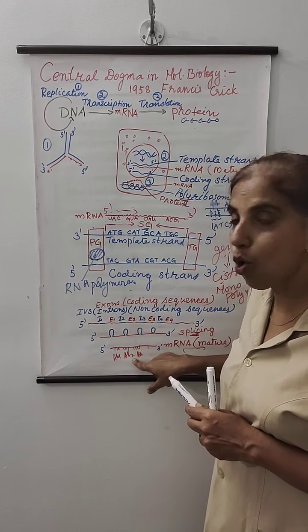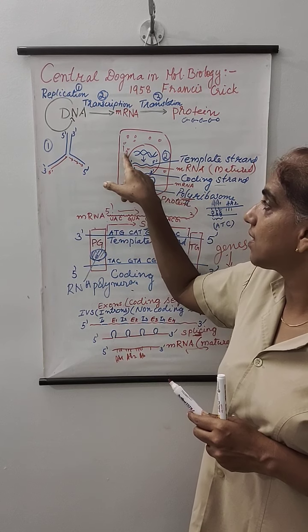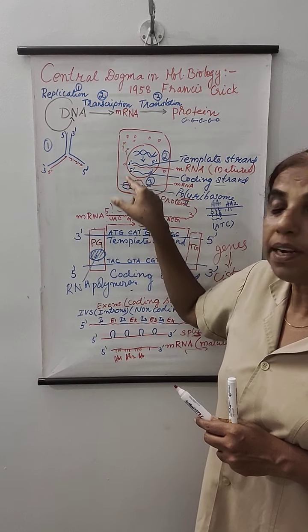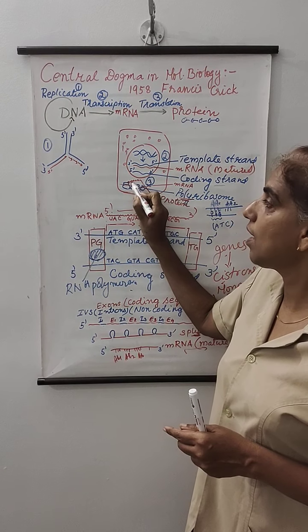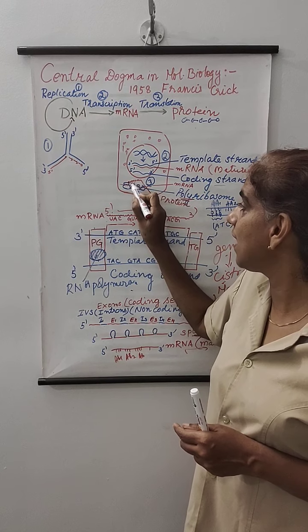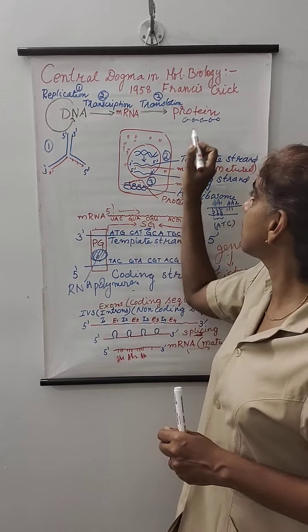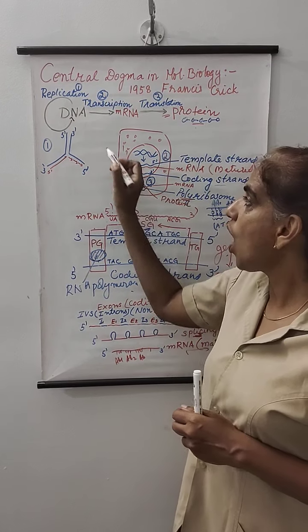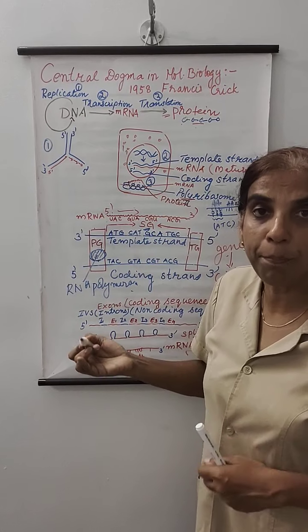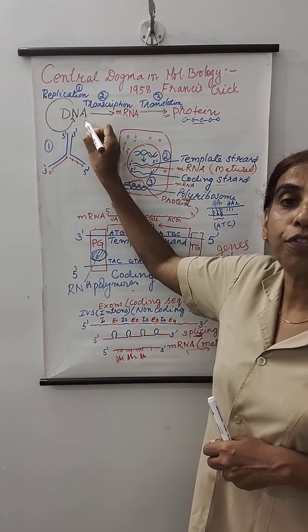These triplet codes will be read by the transfer RNA for bringing their corresponding amino acids. So amino acid 1, amino acid 2, amino acid 3, like that a chain of amino acids is formed. That process is what we call translation. And finally, what protein you should prepare in your cell is under the control of DNA.